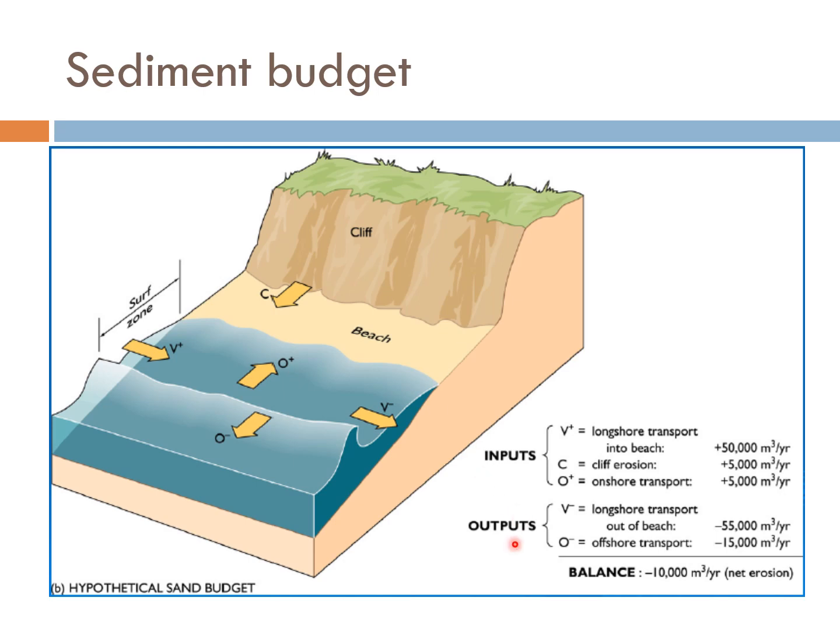Meanwhile, we have output due to longshore transport here, negative 55,000 meter cube per year from this part of the coastal zone, and we have offshore transport at negative 15,000 meter cube per year, which means loss beyond the breaking point.